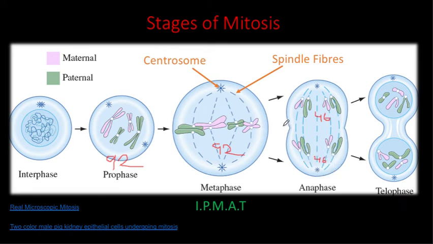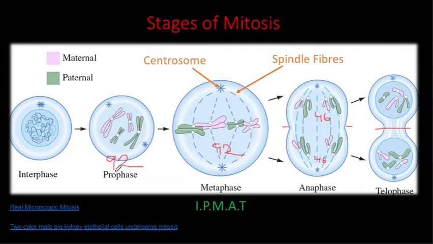You'll also notice that the cell is starting to pinch in the middle. And the next step, telophase, is when the chromosomes have been totally pulled apart and the cell is about to totally pinch in the middle, where one cell will turn into two cells. You'll also notice that there is a new nucleus surrounding these chromosomes.